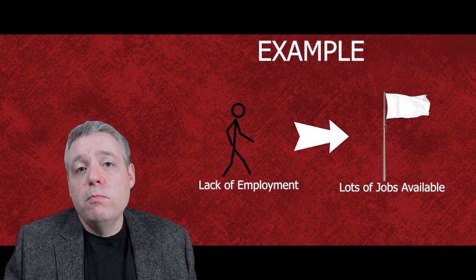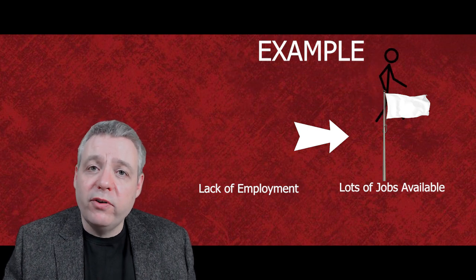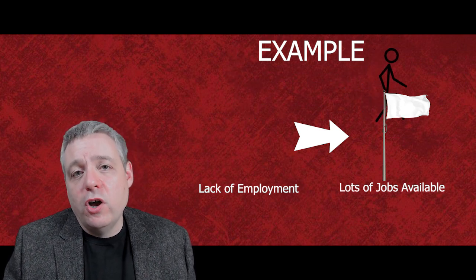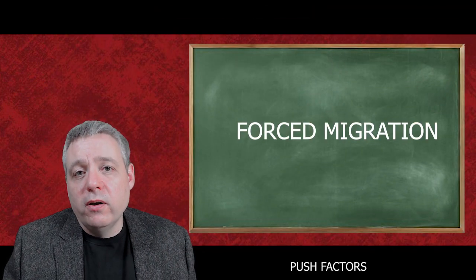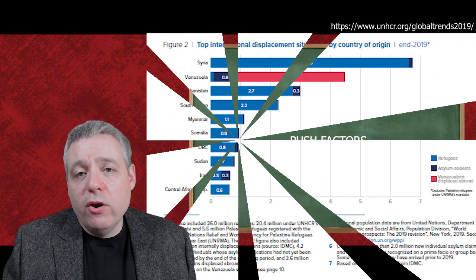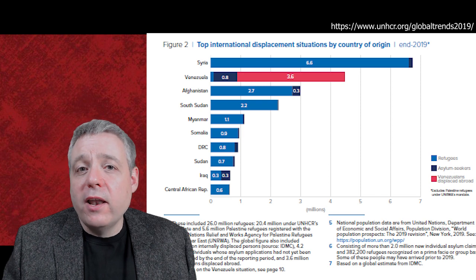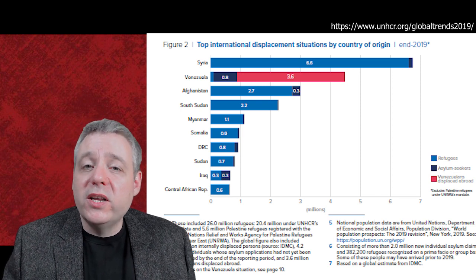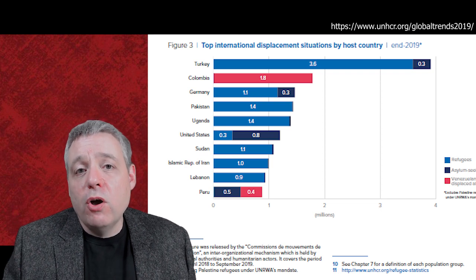So they are being pushed out of their country by the lack of employment, and they are being pulled to another country because of the availability of jobs. When we speak of forced migration, however, the push factors predominate. People have to flee their homes, often quite suddenly. They may not have any choice in terms of which country they go to. They may, for example, simply go to the most readily available country, the most accessible country.